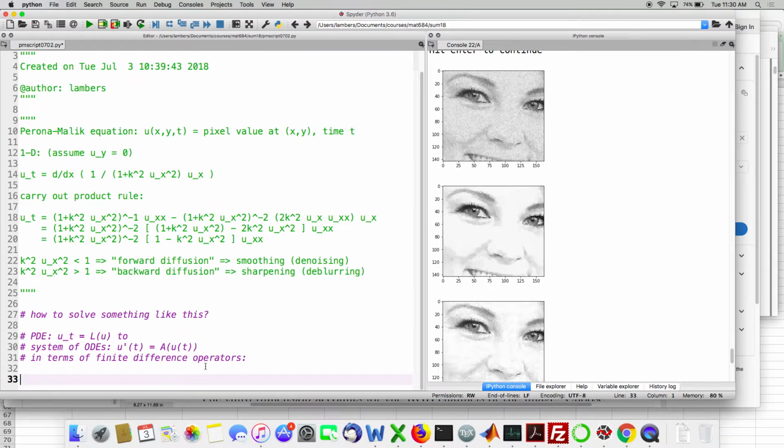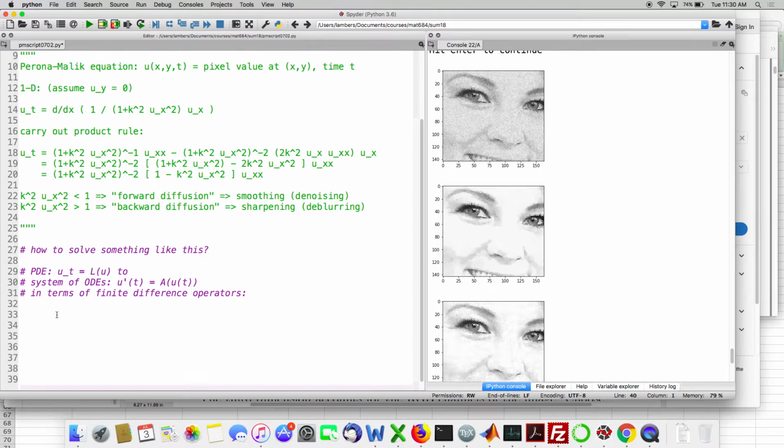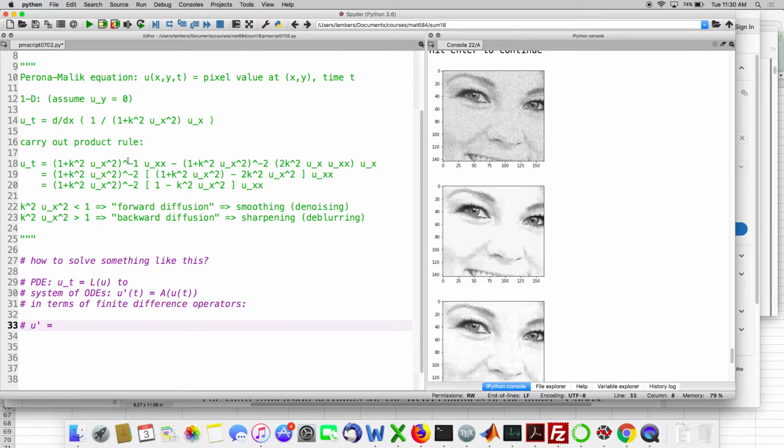Now, in terms of finite difference operators, okay, so we have u' equal to, if I keep in mind the Perona-Malik equation, differentiation out front of this expression as the coefficient times a first partial derivative.